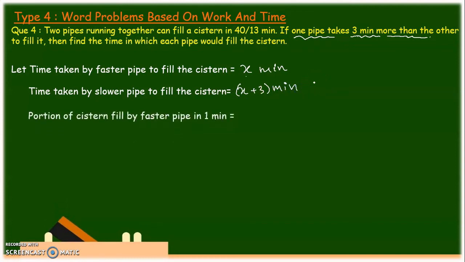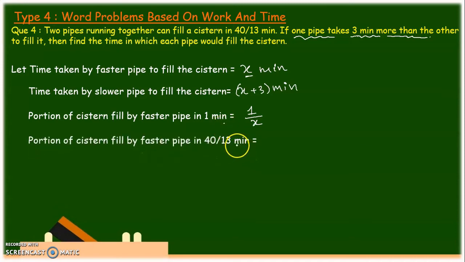So if you find out the portion of the cistern filled by the faster pipe in 1 minute, in x minutes the faster pipe will fill the full cistern. So in 1 minute, the faster pipe will fill 1 upon x portion of the cistern. So in 40 divided by 13 minutes, this faster pipe will fill 40 divided by 13x portion of the cistern.